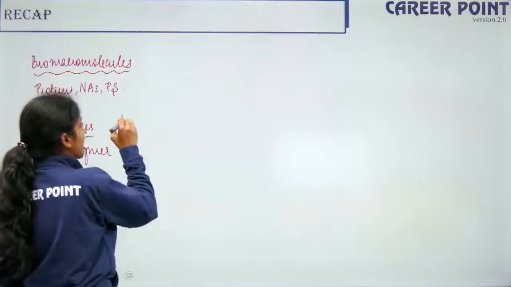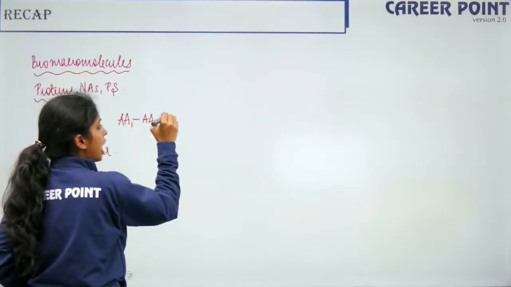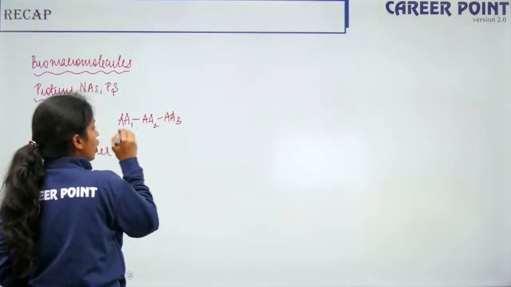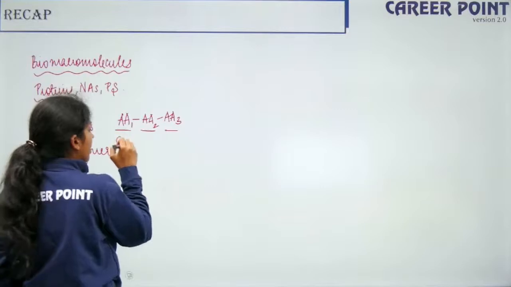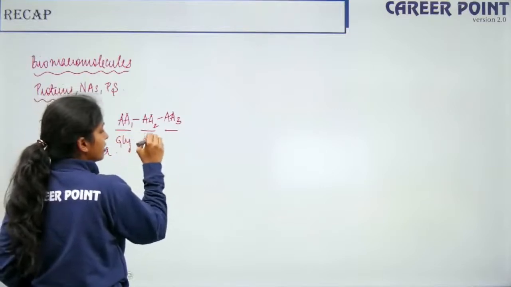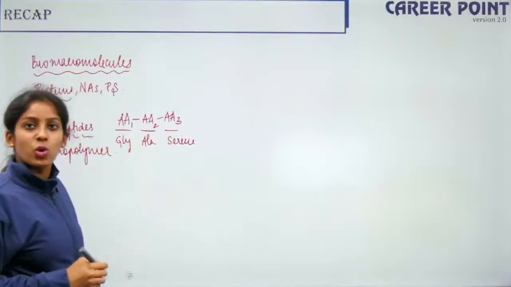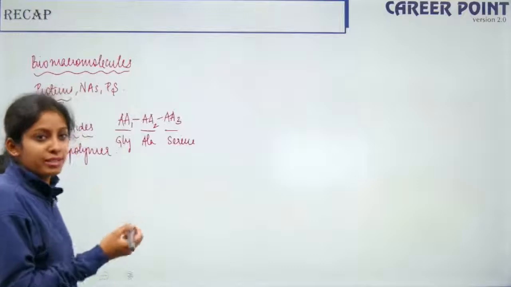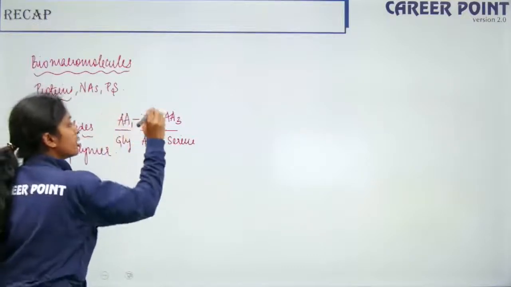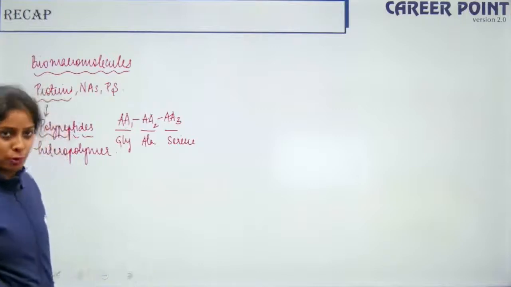So when I write like this, amino acid 1, amino acid 2, amino acid 3, the three of them are different amino acids. So this can be your glycine, this can be your alanine, this can be your serine. So all of them are different amino acids. So it is a heteropolymer. It is not a homopolymer. Hetero is different. So it is made up of different entities here. So different types of amino acids make up your protein.